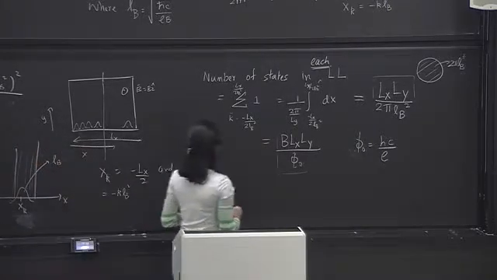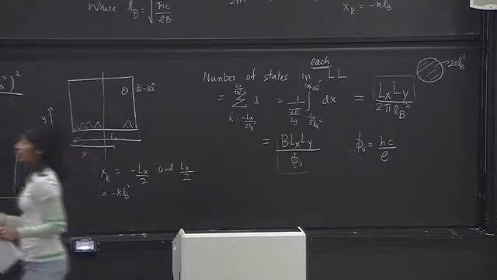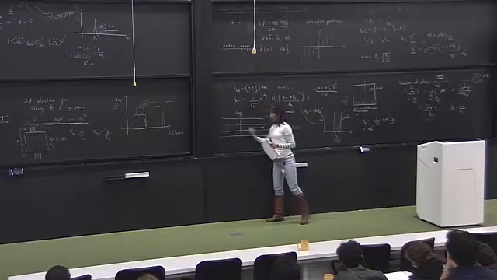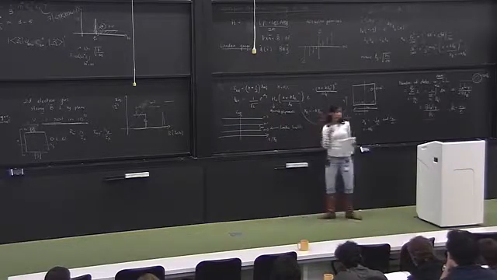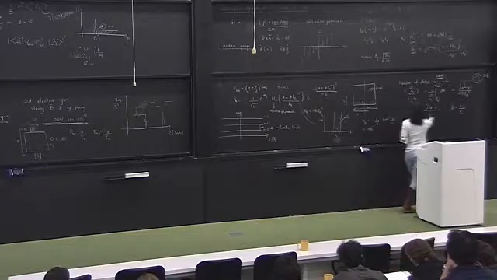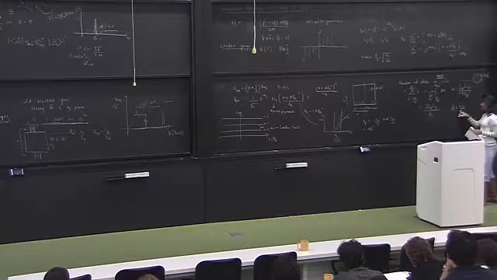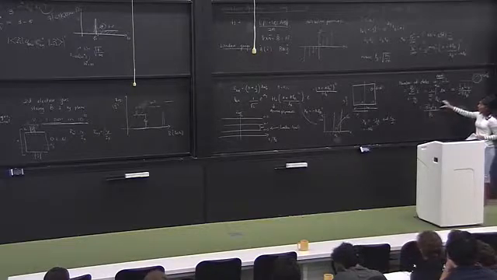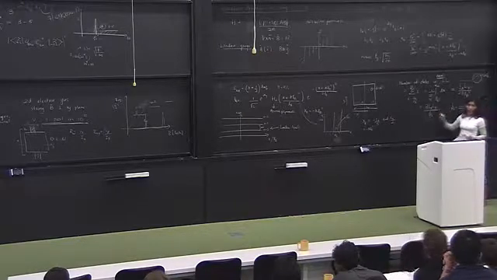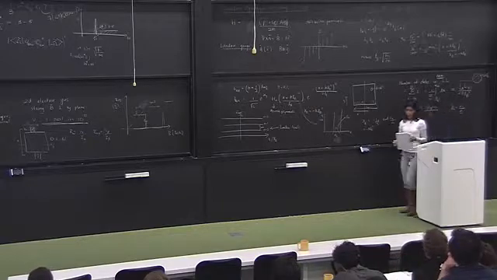Another way to say this is that in every Landau level, there is one state for every flux quantum, phi 0. Because this is the total flux piercing the system. Phi 0 is the unit of the flux quantum. So if you divide the total flux by phi 0, you get the total number of allowed states. Okay?